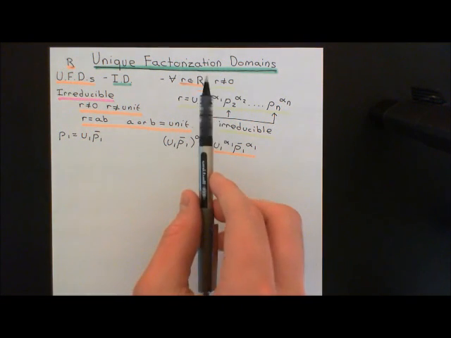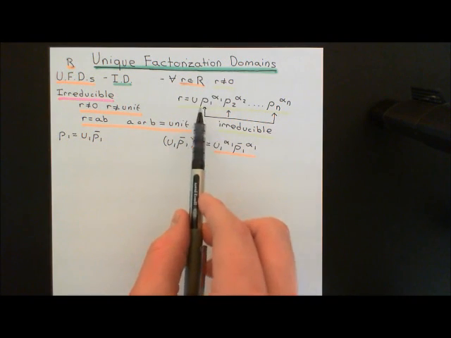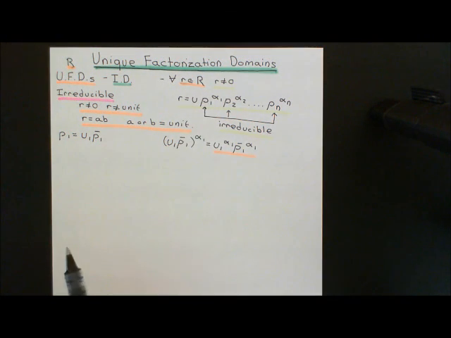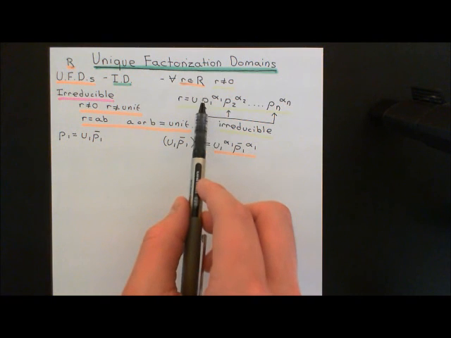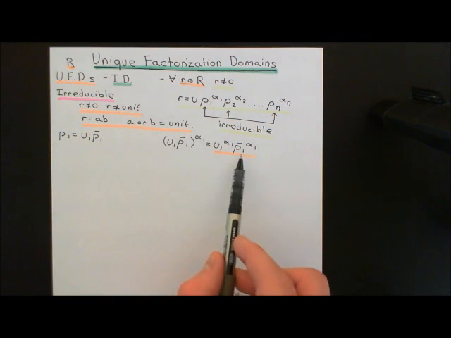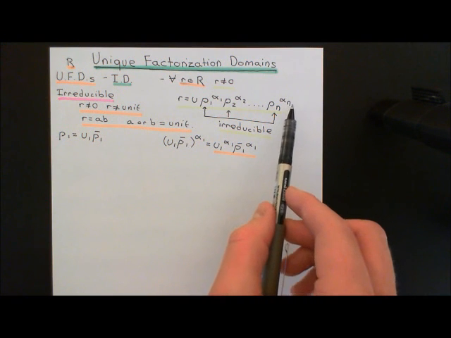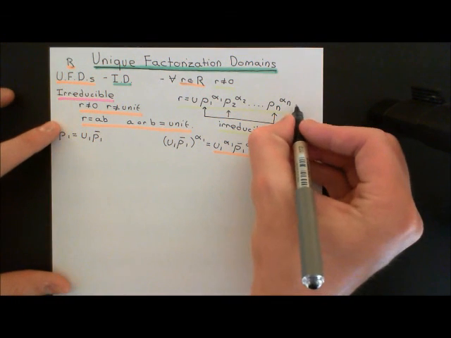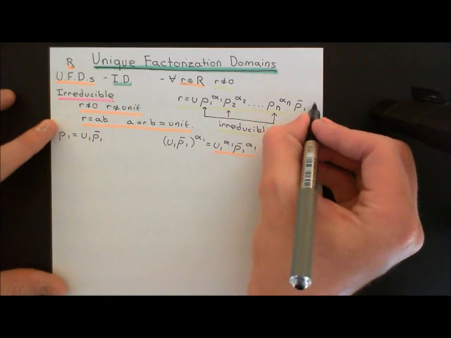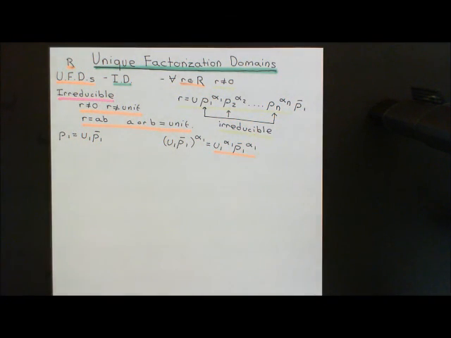What I'm saying is that you would ideally only have one associate element appearing in this irreducible factorization. So ideally you would not have a power of P1 appearing in this irreducible factorization and a power of P1 bar appearing in here as well. So you wouldn't want it like this.